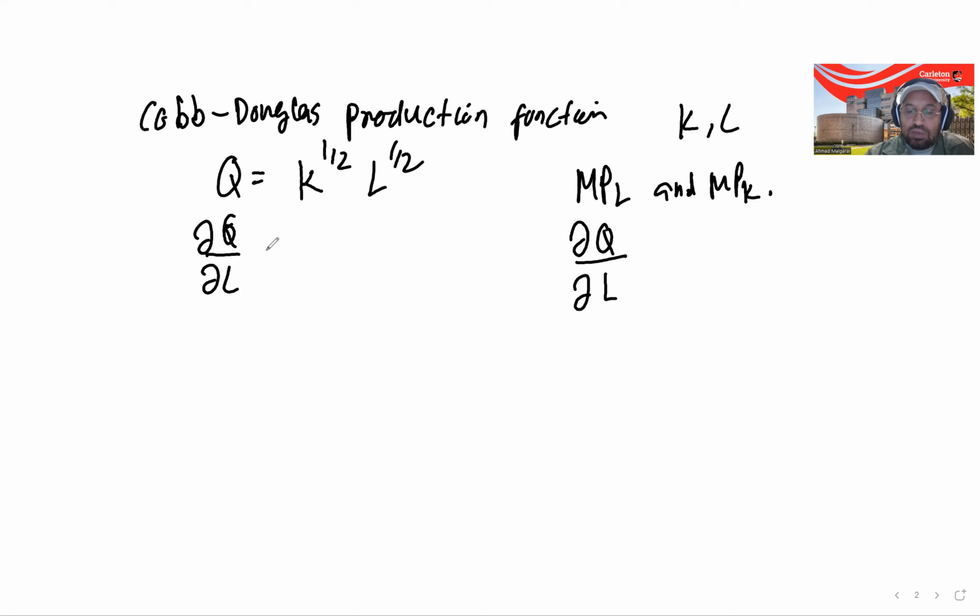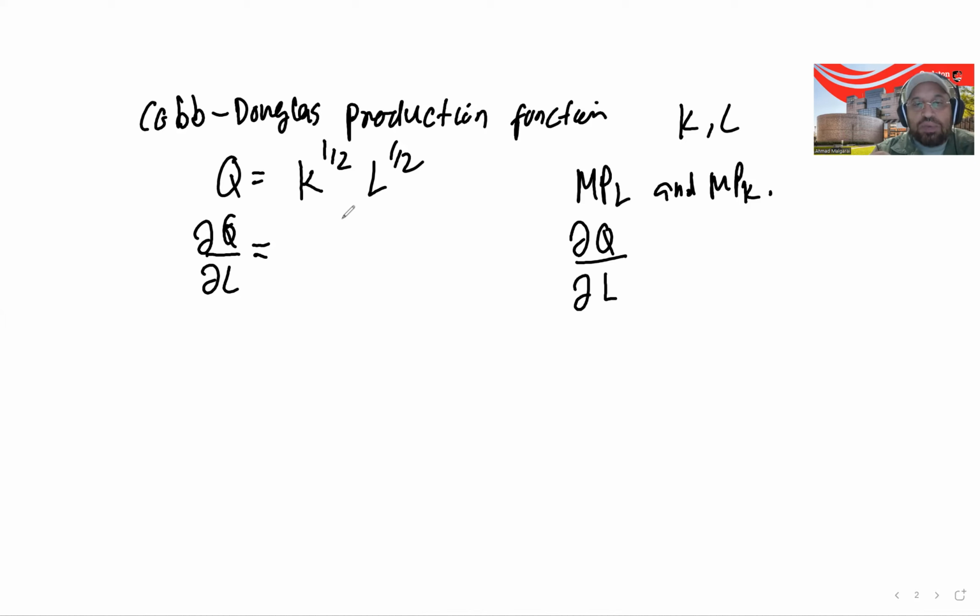This tells you the rate of change of output per unit change in labor for given values of K and L. If we were to take the partial derivative of this function with respect to L, please pause the video and take the derivative with respect to L and see if you get that answer.